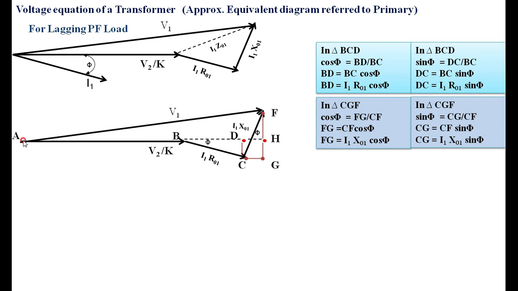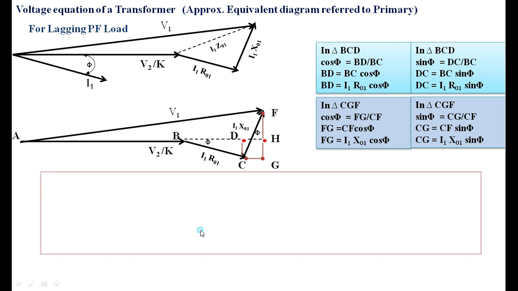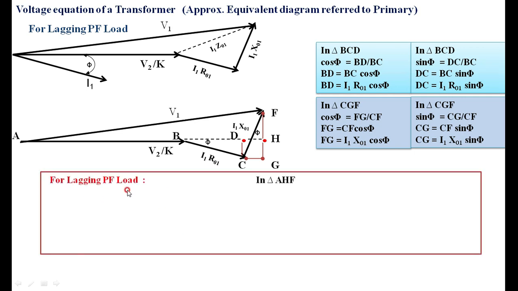Now mathematically, I want this AF. From the right angle triangle AHF, I find AF square is equal to AH square plus HF square. The same thing I am writing here, considering a lagging power factor, and we derive the equation.